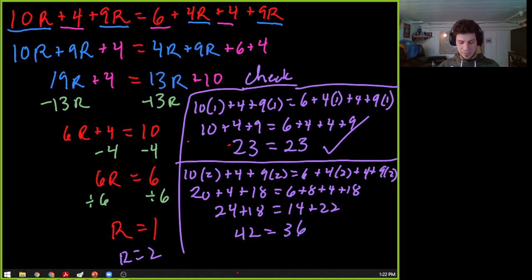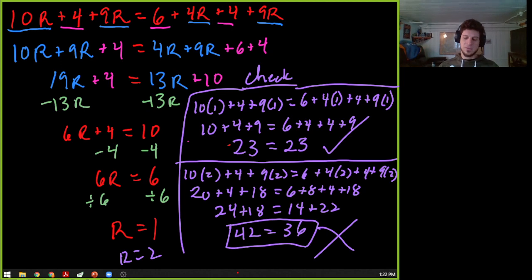Take a look. Does 42 equal 36? Not in this world. So r equals 2 is not correct, and we can tell that when we check it.